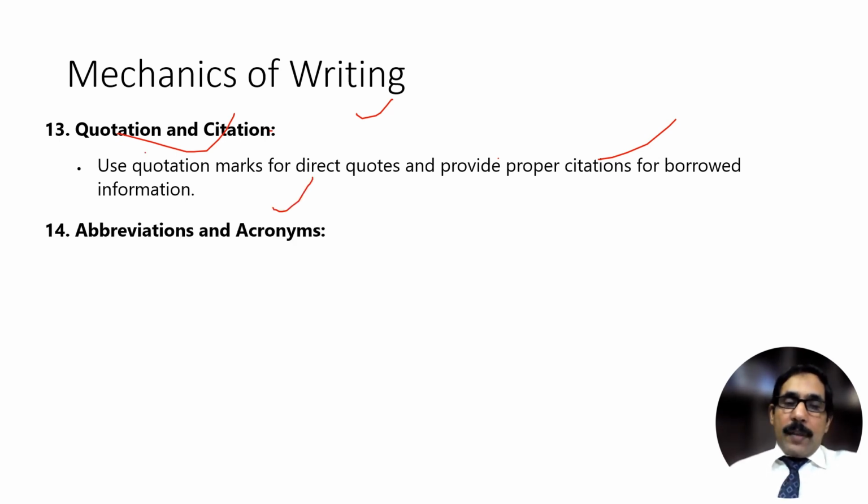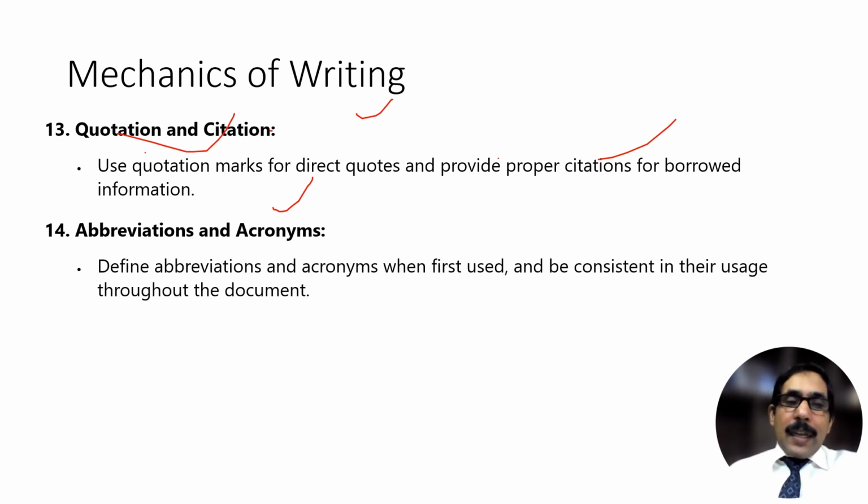Abbreviations and acronyms. As discussed previously, if you are using abbreviations or acronyms, use the complete words in the beginning. Then you should start using these acronyms or abbreviations. For example, if we use WASA, some person who is not native might not know what is meant by WASA.